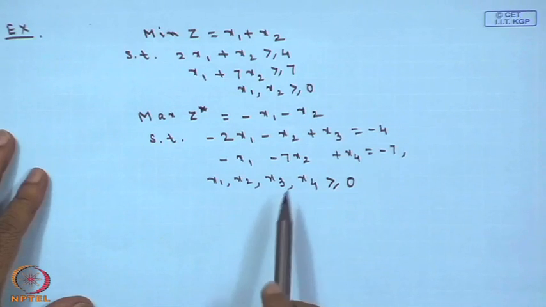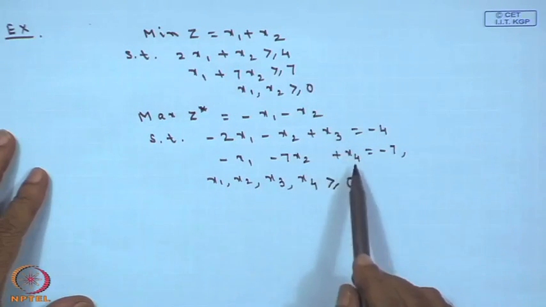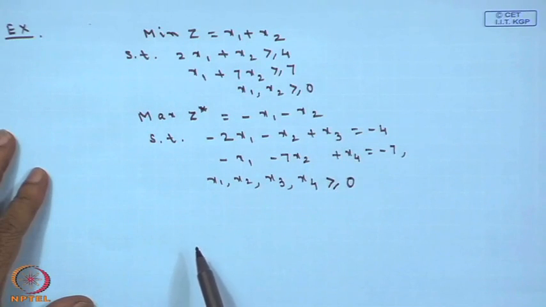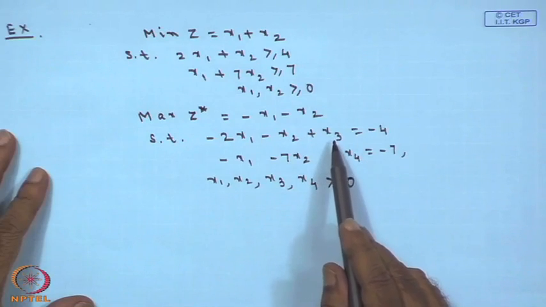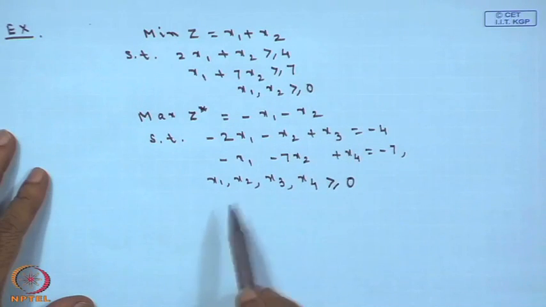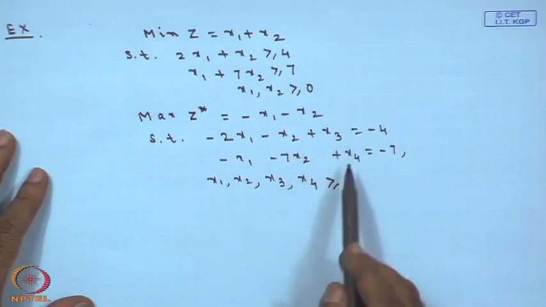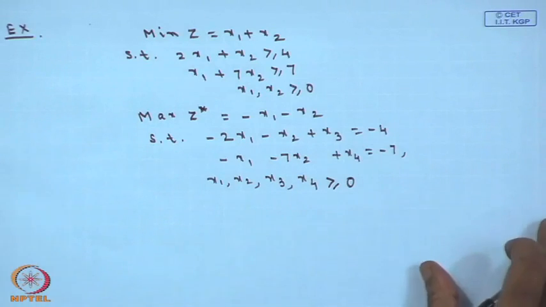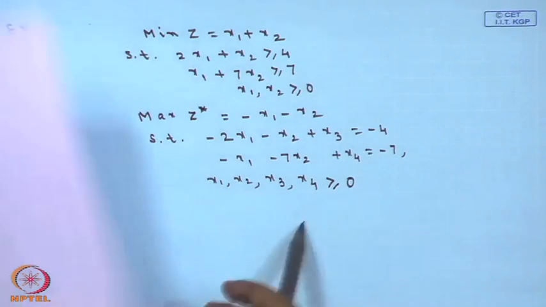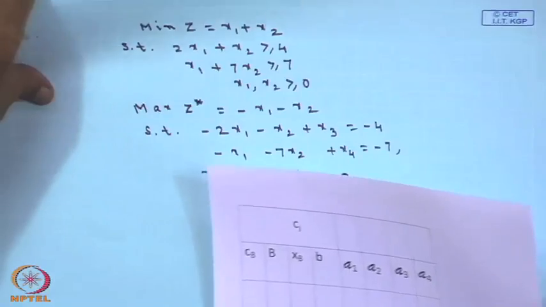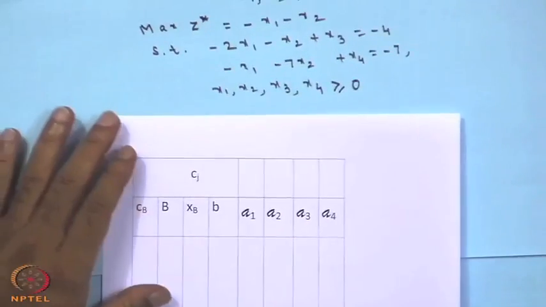So, this is in the canonical form where x3 and x4 are the slack variables. So, your basis will contain the variables x3 and x4, because it is forming the identity matrix. So, from here now you can construct the initial simplex table as you have done earlier.